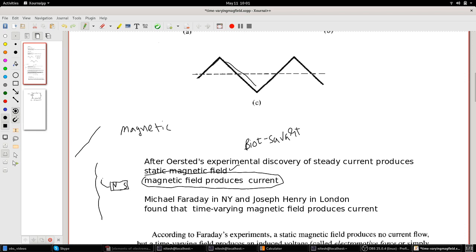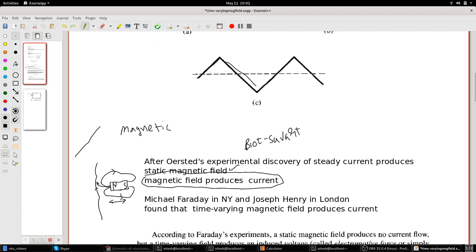So what will happen is there will be a static magnetic field generated here, right? Now if I get it here, there's no current induced in this wire. The moment I start moving this in any direction, the magnetic field at every point is no longer static, it is changing because the distance from this north pole and south pole is changing, right?